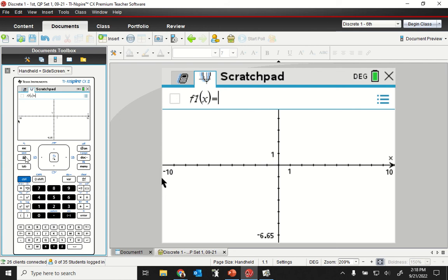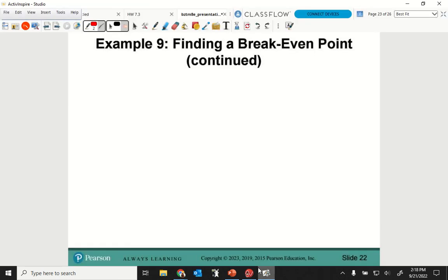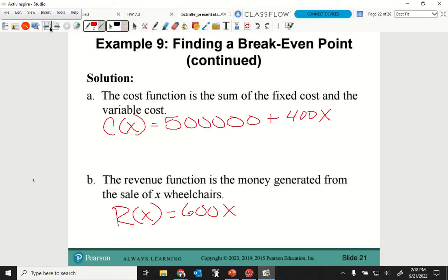These problems right here, are these written in standard form? Are they x plus y on one side? No. These are regular functions. So these are cost functions right here.